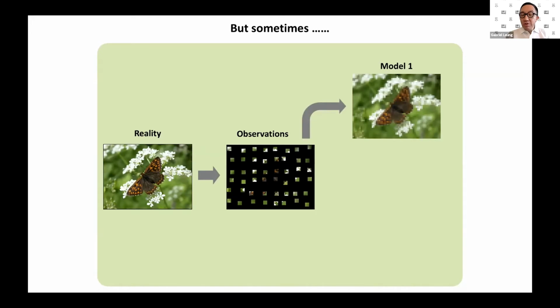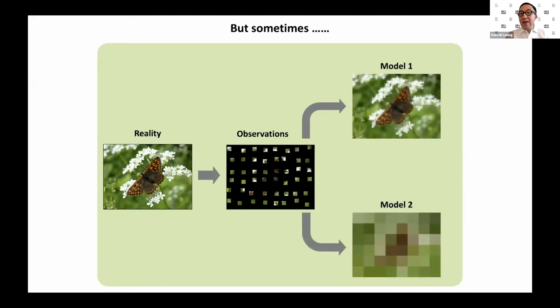Model two gives you approximately the same thing as model one on the first try, but if you let it go on until the very end, you wouldn't realize that it gives you a completely different depiction of the supposed reality.